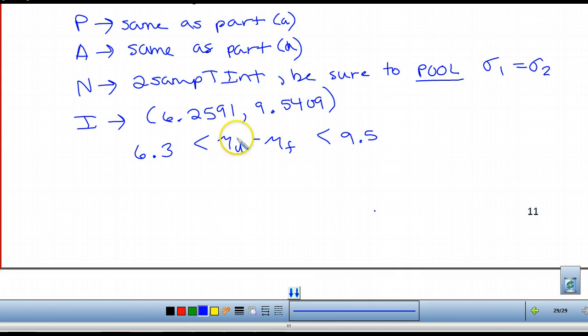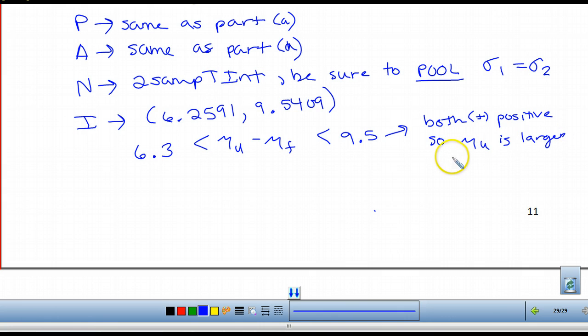So we can see that the unfiltered is higher, even from lower to higher. So we're going to say both positive, so mu u is larger in both cases.